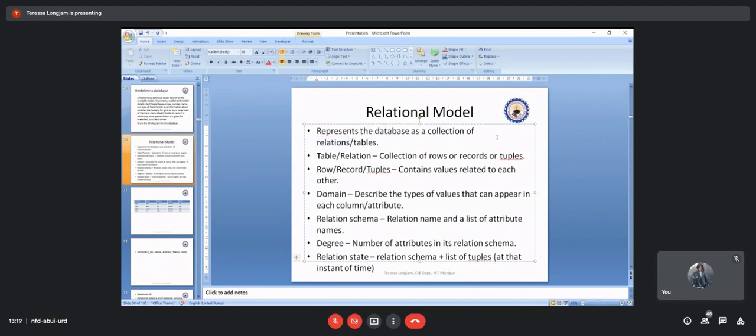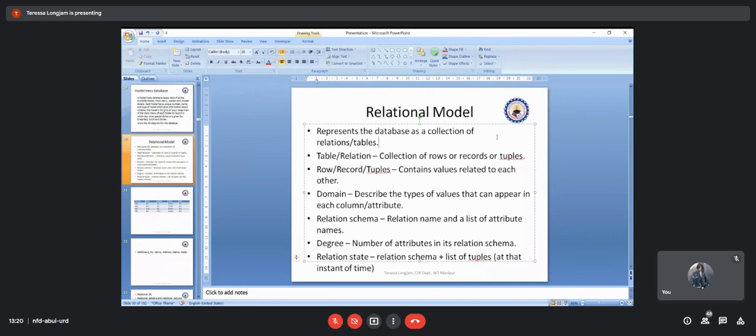It is used to represent a database, and a database is going to be a collection of such relations. The relations that we are using here in the relational model and the relationships that we saw in the previous classes are totally different. Just don't mix up these two. Here, a relation represents a table.